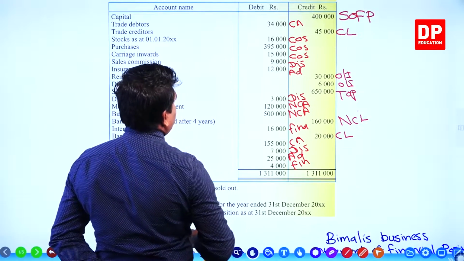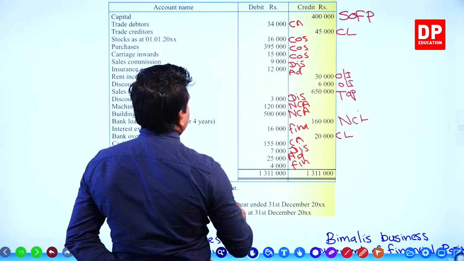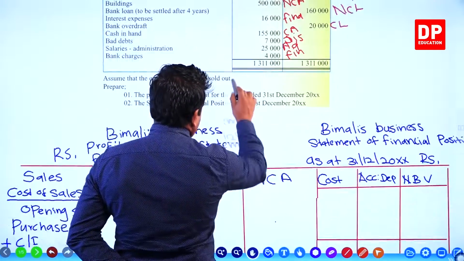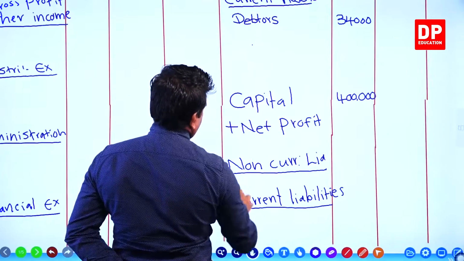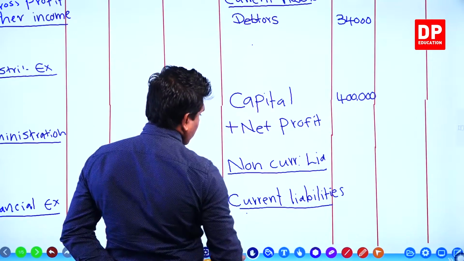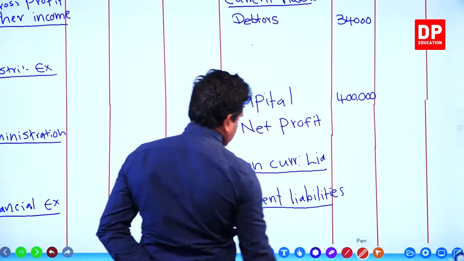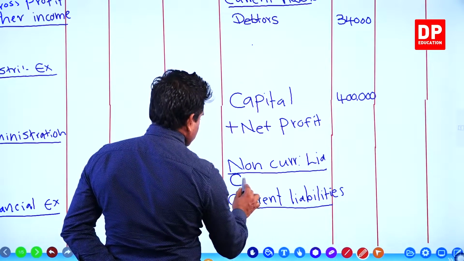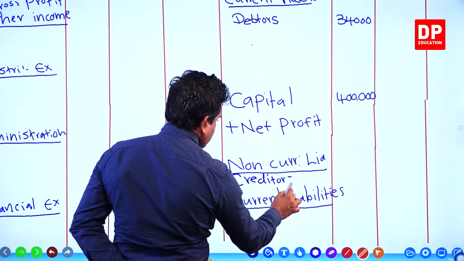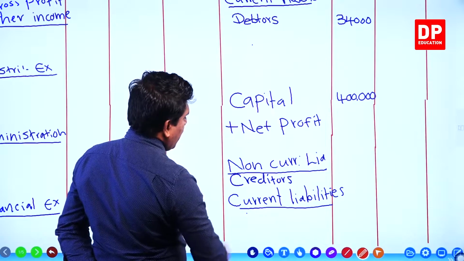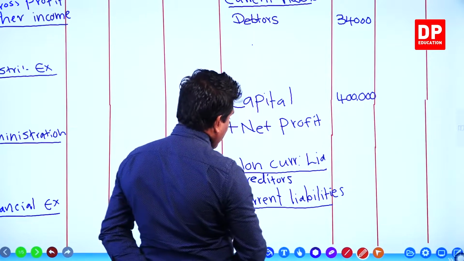Trade creditors is not a non-current liability, it should go under current liability.